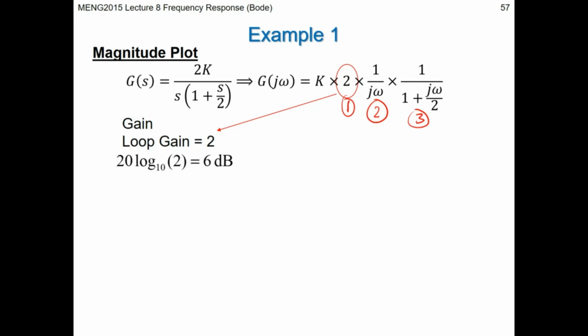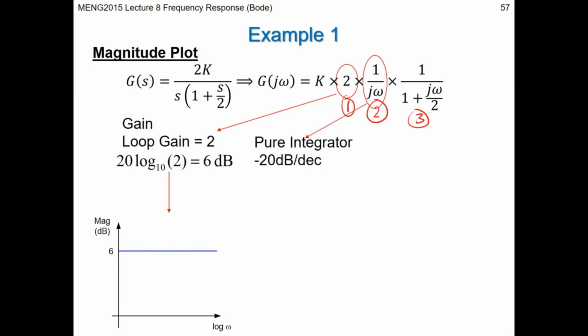So that'll have no phase component at all, but it does have a gain component. The gain component is simple. Just take 20 log 10 of the value, which is 6 decibels. That gain will be a constant gain across the entire frequency range. So that's just like a factor that's included there.